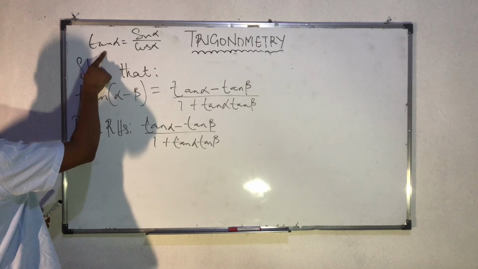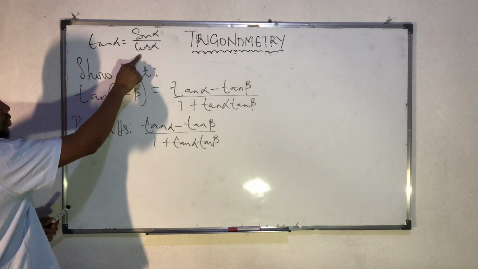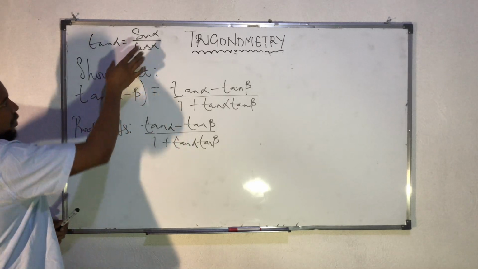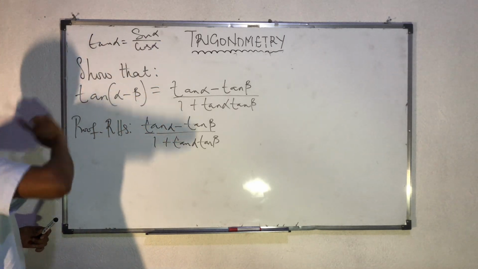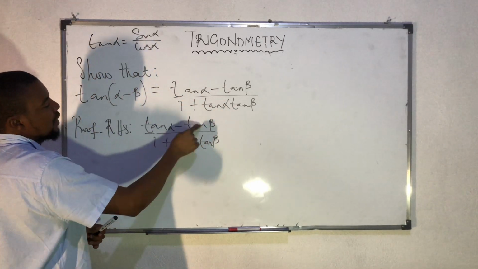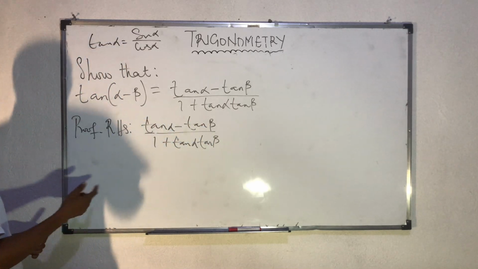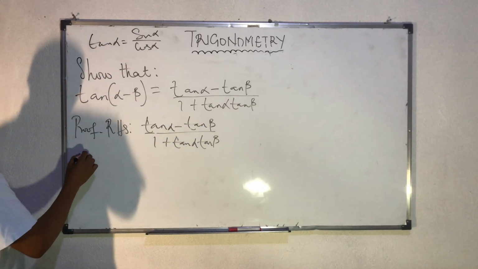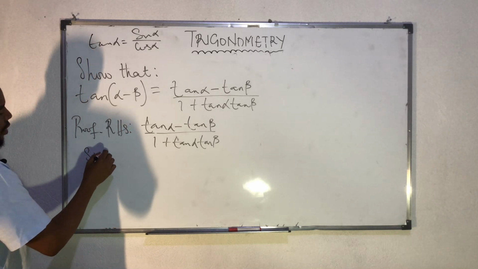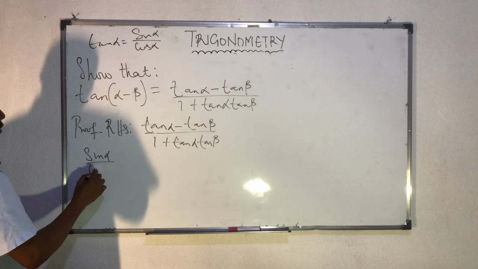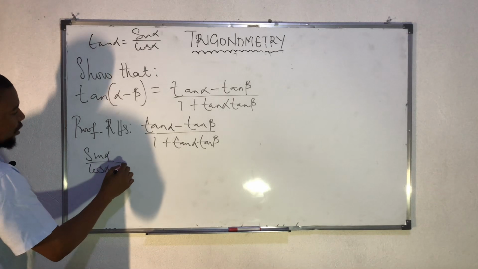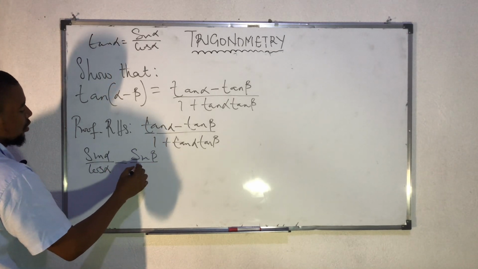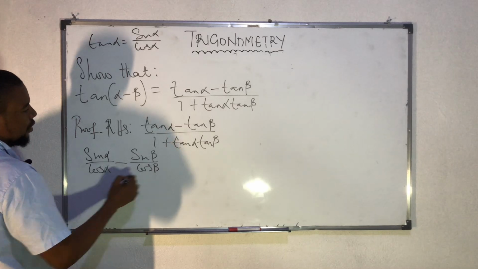Since tan alpha is equal to sine alpha over cosine alpha, I'm going to replace tan alpha with this value. And I'm also going to do the same for tan beta, where tan beta will be equal to sine beta over cos beta. This is going to be sine alpha over cos alpha minus sine beta over cos beta.